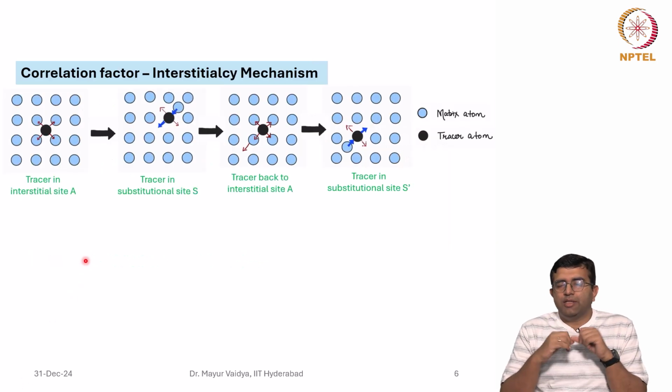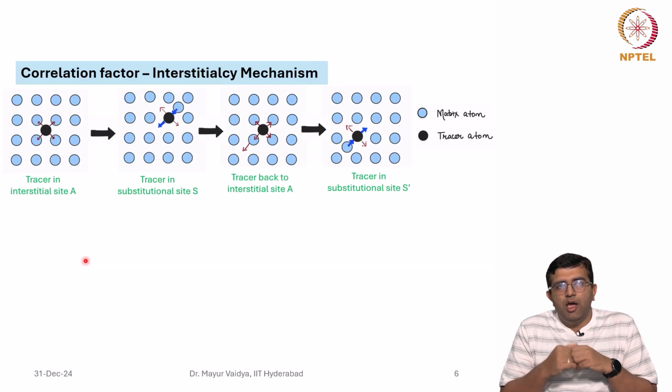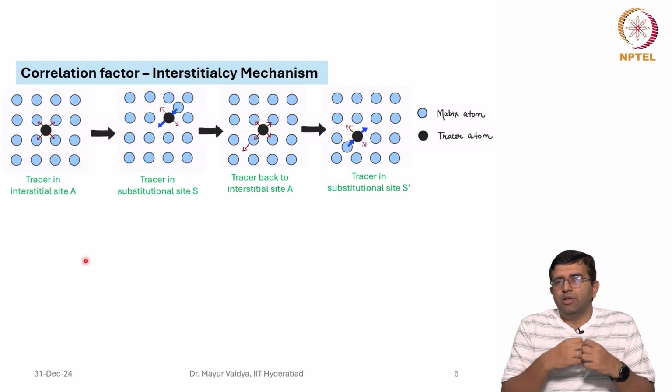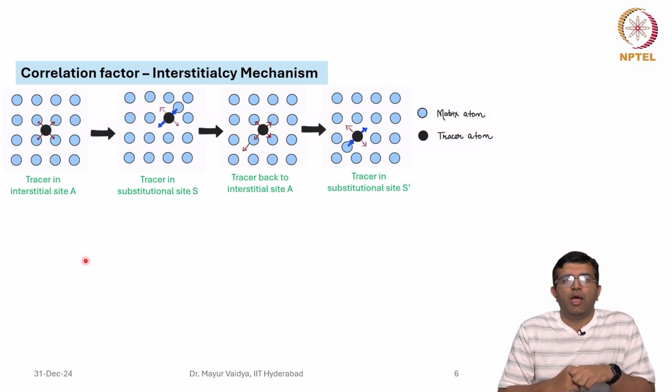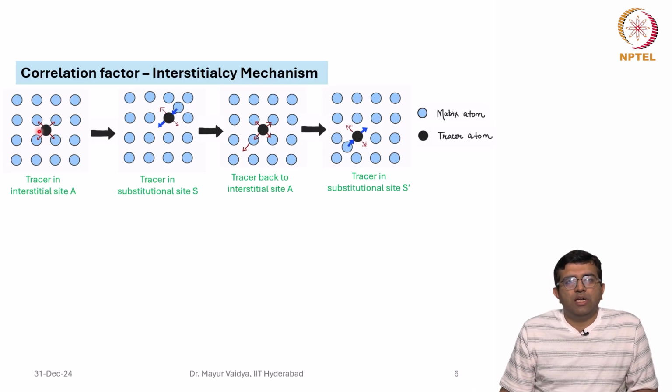Now, consider another interesting case, the interstitialcy mechanism. Remember what happens in interstitialcy? Interstitialcy means when a parent atom itself occupies an interstitial position. Now, how the interstitialcy mechanism progresses is, for example, a tracer atom here.